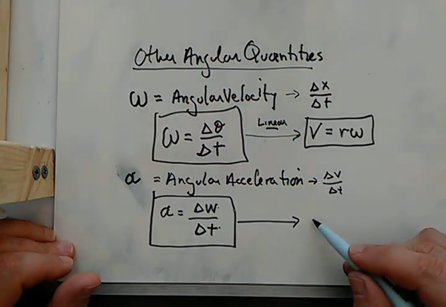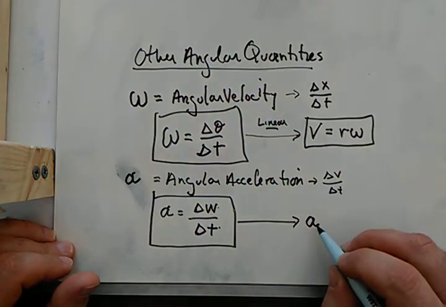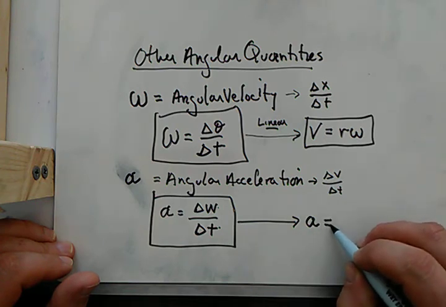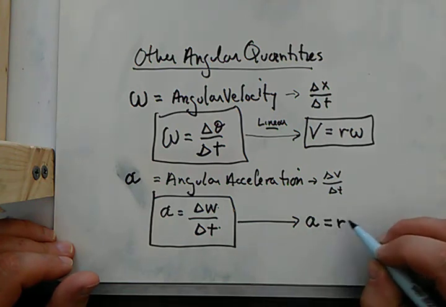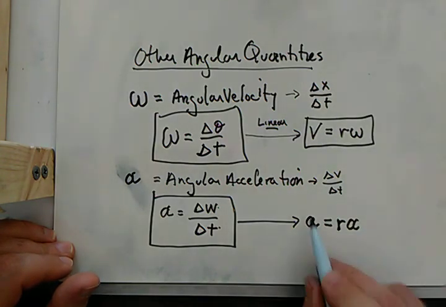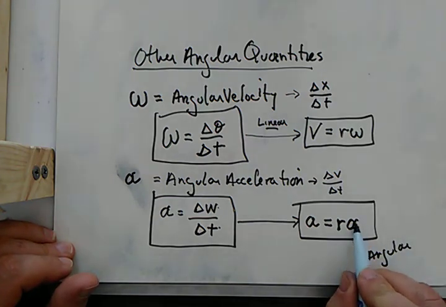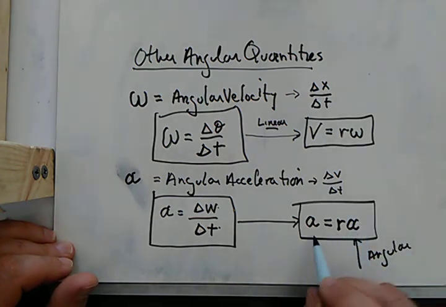this is our linear acceleration, which equals the radius times the angular acceleration. I'm just going to point out that this is angular, and the little difference is that little line that you put there.